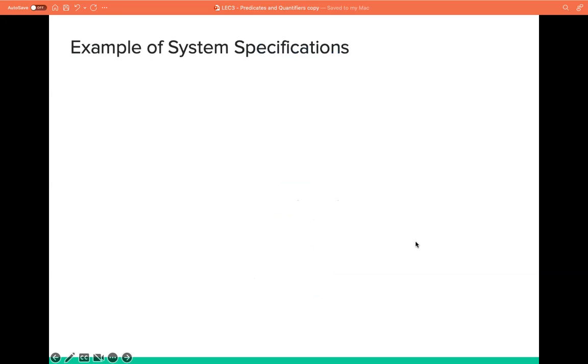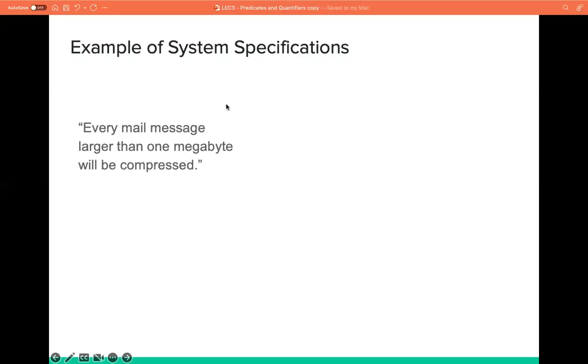Let's have some more examples. Suppose we have system specifications, and we have these statements for this specification: every mail message larger than 1 megabyte will be compressed, and if a user is active, at least one network link will be available. Let us try to express each of these in its equivalent predicate form.